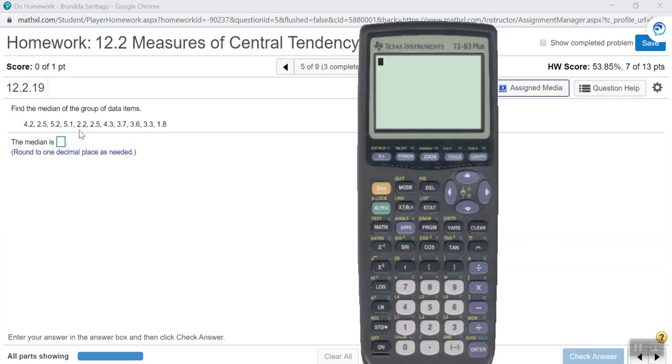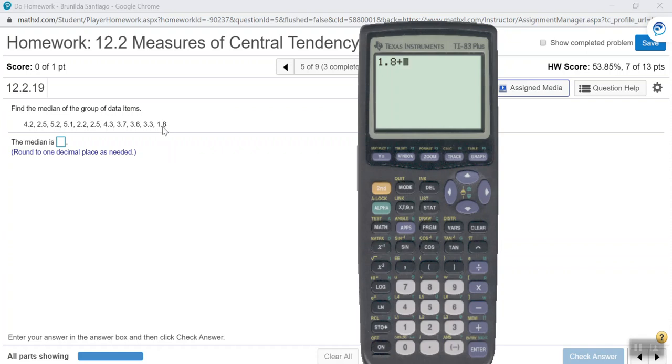Since we have 11 items in this data, we will not have to add and divide the two middle ones. All we have to do is put them in order, and the one that is in the middle will be the median. So I'm going to start from lowest to highest to input this in the calculator. And again, I am using the addition sign only to separate the data and to show you how to put them in order, not to actually add them.